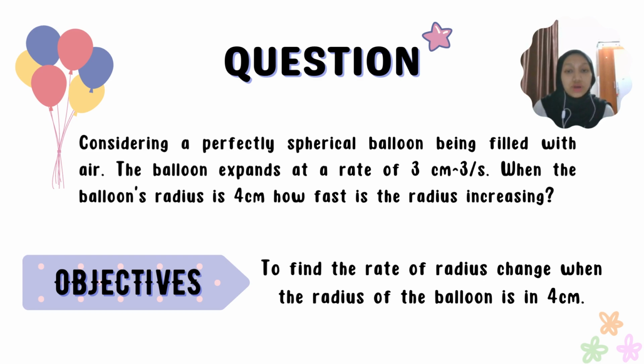Basically, we want to find the rate of radius change, which is dr over dt, and we need to replace the radius with 4 centimeters. From the question also, we can identify some information, which is dV over dt, which is 3 cm³ per second.